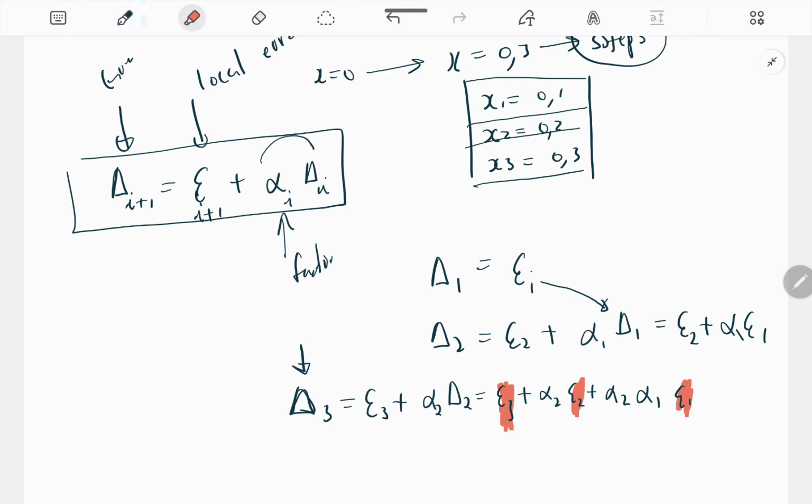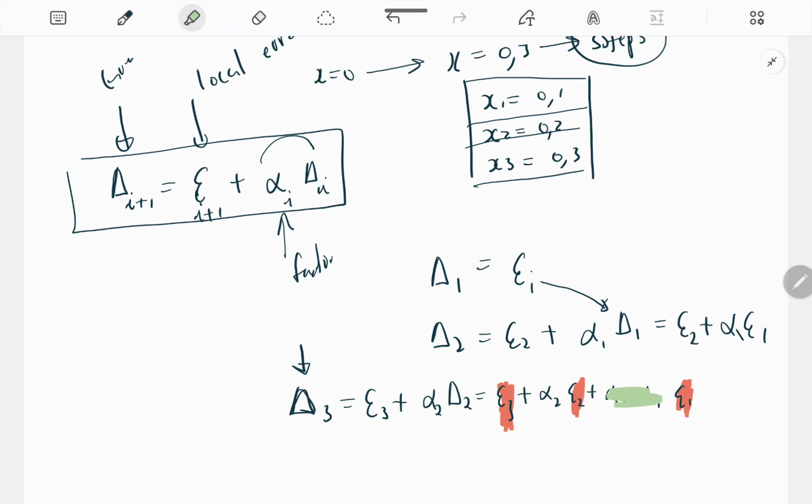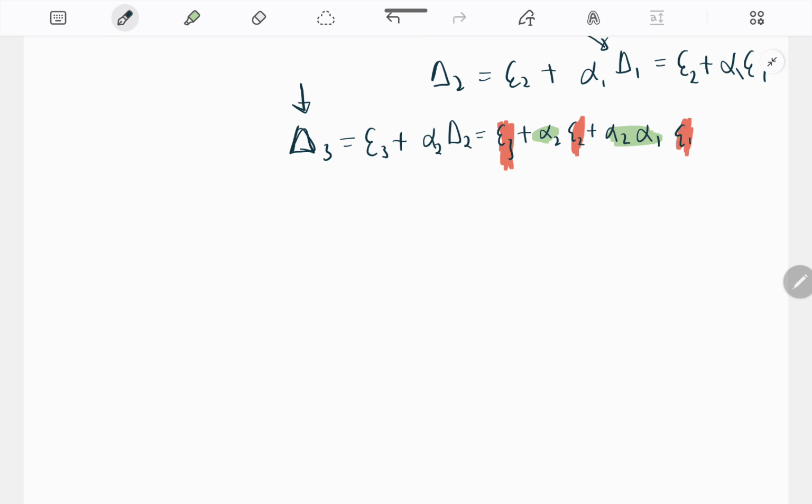But now all these errors are not just errors, they have some sort of factors. They are factored, or maybe they are weighted, depending on how you want to think about it.